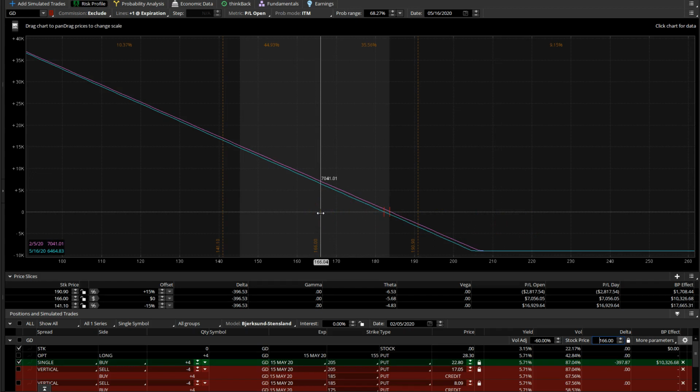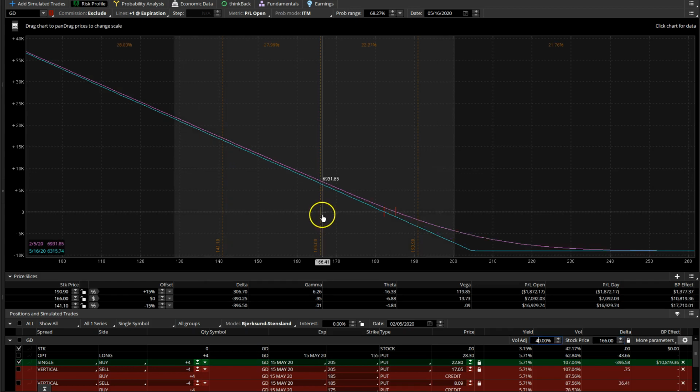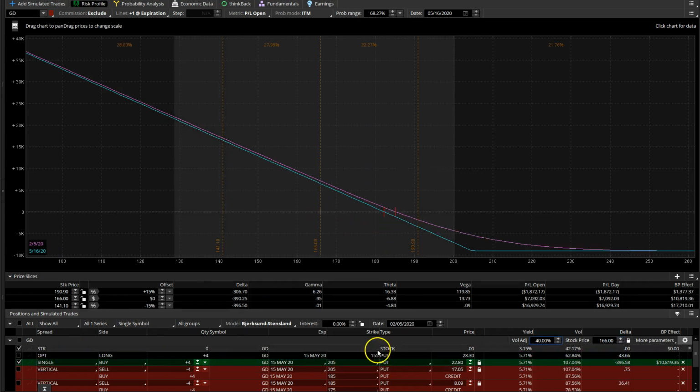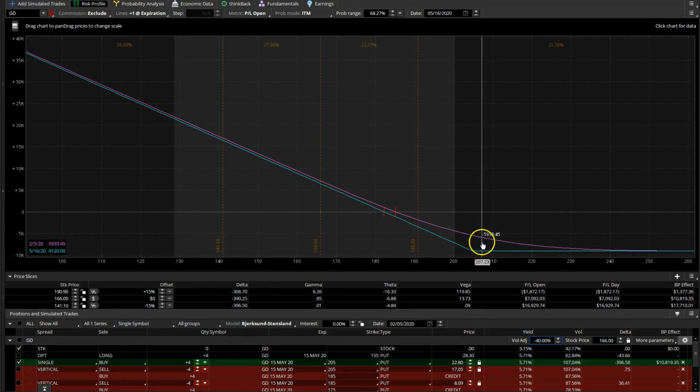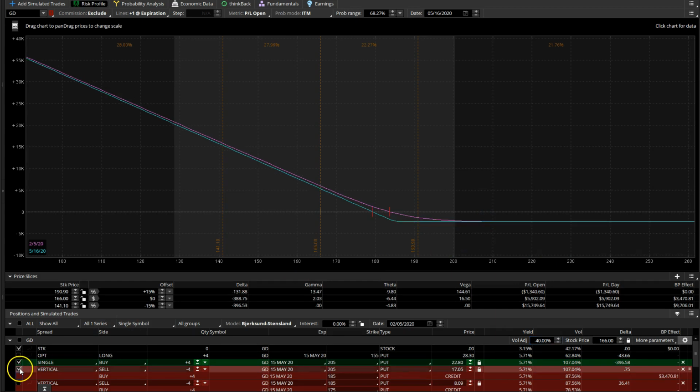But what if I want to continue to get short or leave it right there? Well, the thing that I did, thinking that the market was continuing to go down, is I rolled down the put, and what this does is I get a credit and I reduce my risk. So instead of risking $9,000 when I roll it down, now I'm risking $2,000.